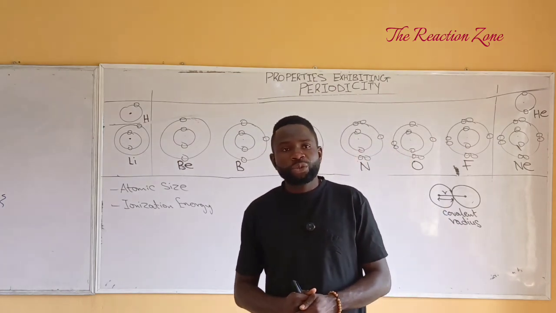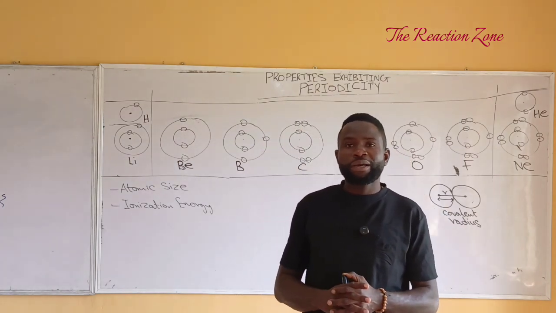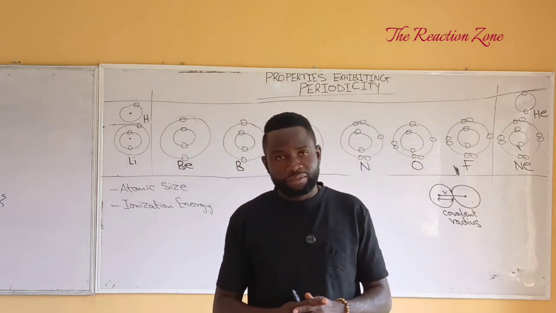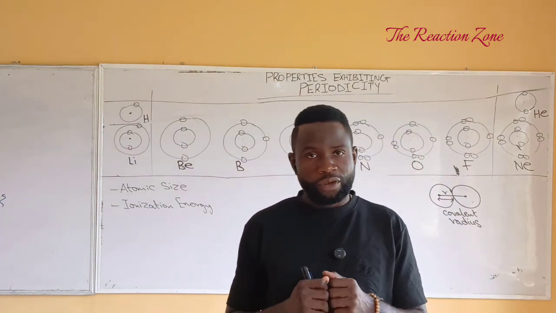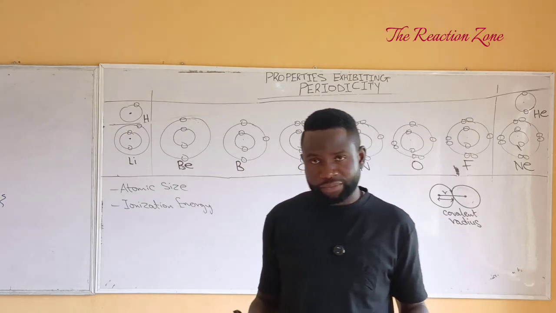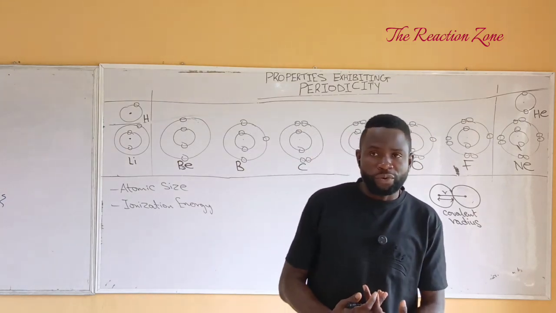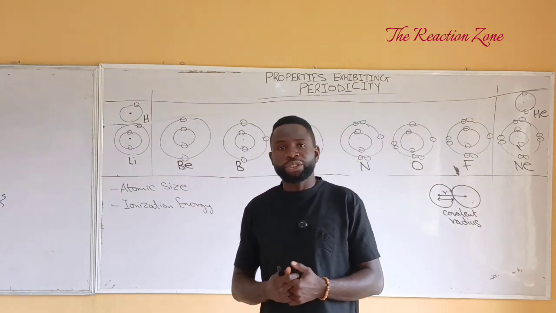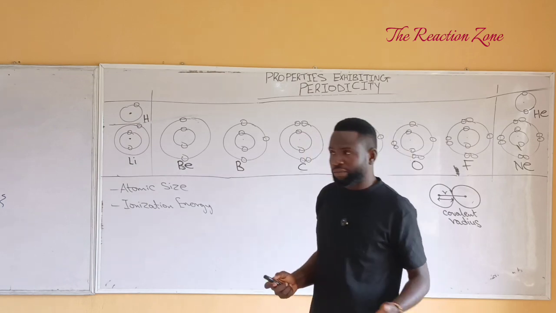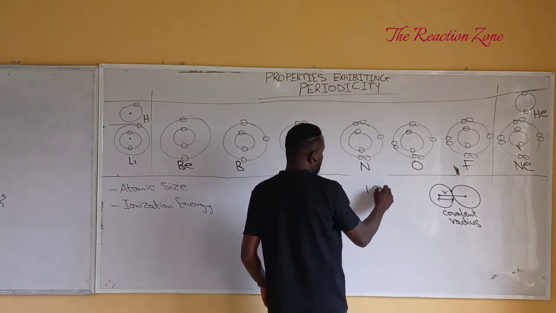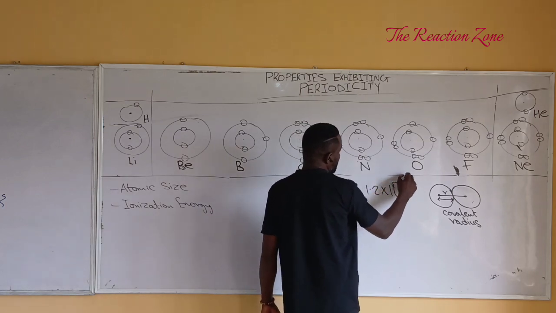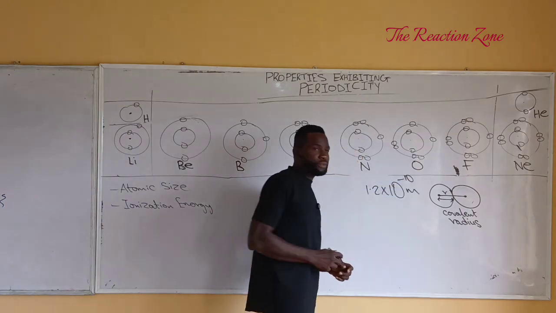It is actually difficult to determine the exact size of an atom for so many reasons. The first one is due to the small size of an atom. The size of an atom is about 1.2 times 10 raised to the power minus 10 meters.